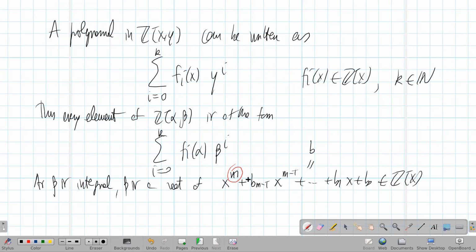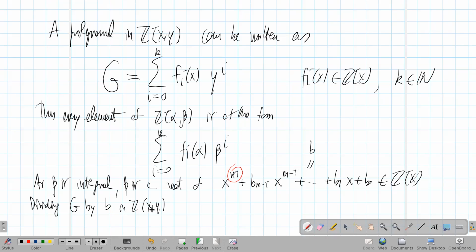Since this is a monic polynomial, you can divide the polynomial, let's call it G, by B in Z[x,y].